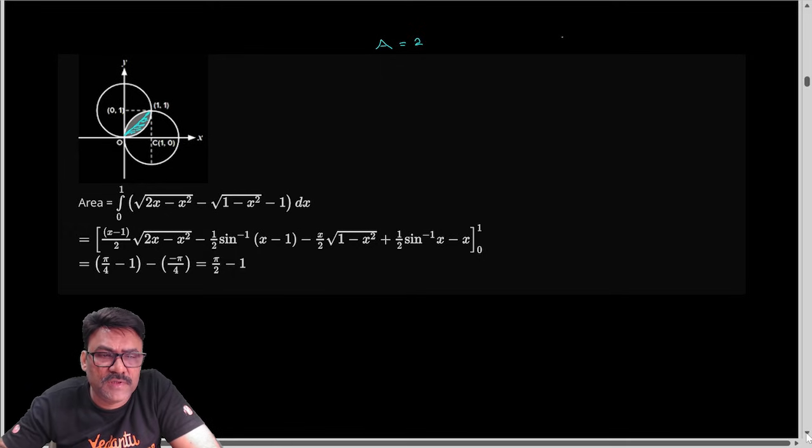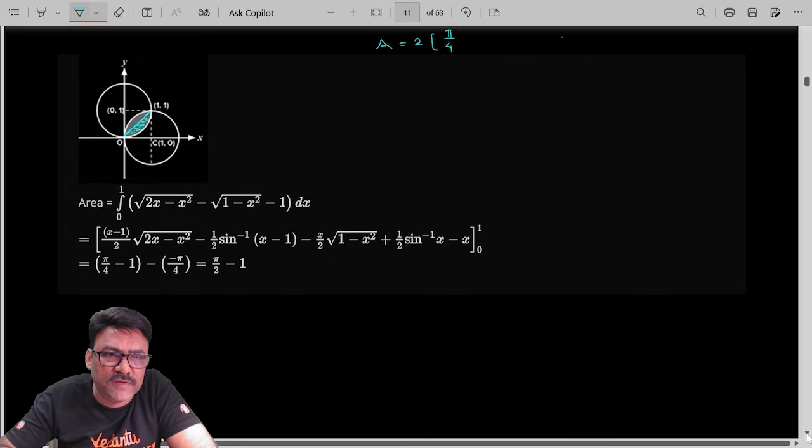This half leaf is basically a quarter circle of the upper circle, the circle having center on the y-axis, and the circle has radius 1. The complete area of the circle is pi, so if I take the quarter circle, the area will be pi by 4.